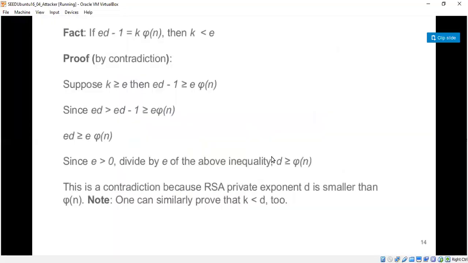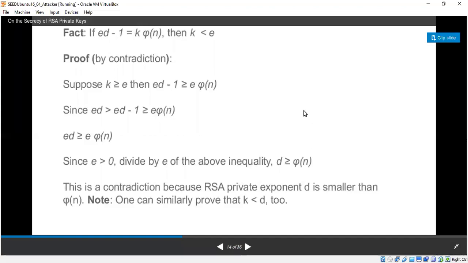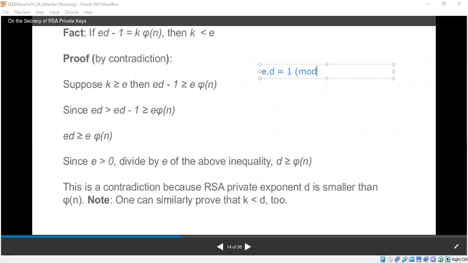If you recall the previous equation, I said e times d is congruent to 1 mod phi of n. What does this really mean in terms of a mathematical equation?